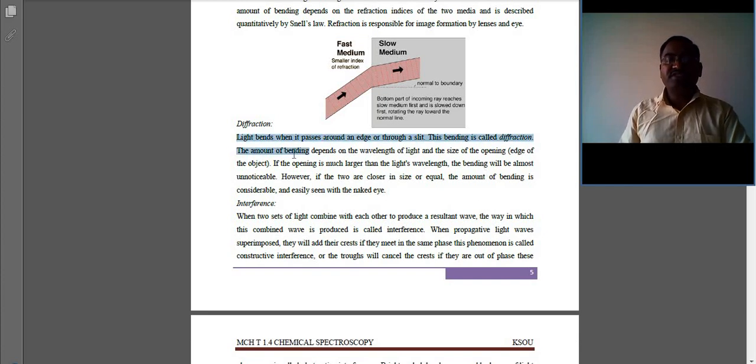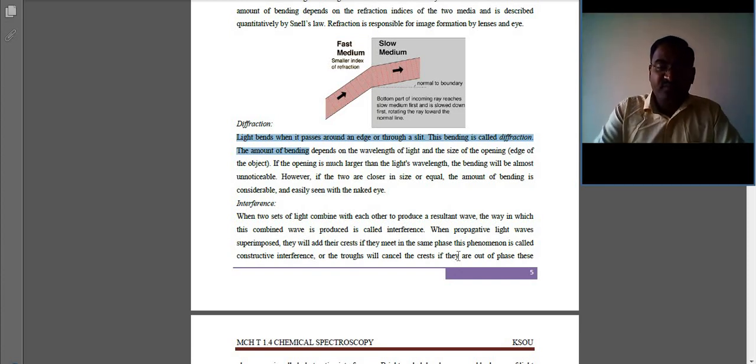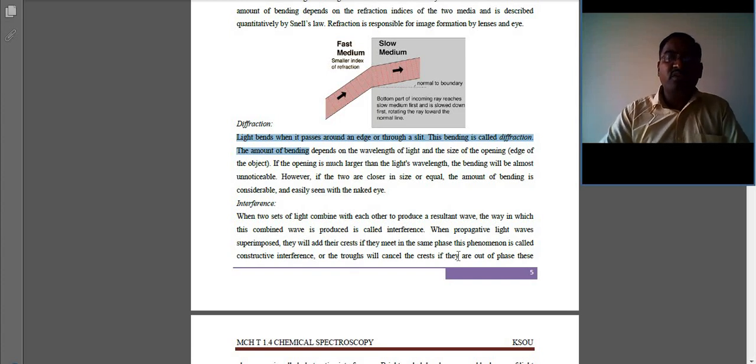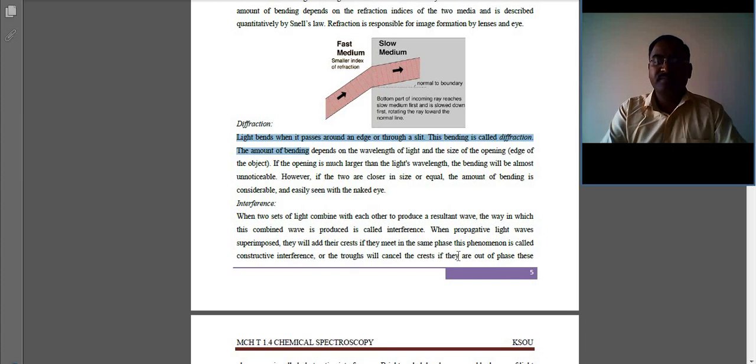Diffraction is when light bends as it passes around an edge or through a slit. This bending is called diffraction. The amount of bending depends on the wavelength of the light and the size of the opening.